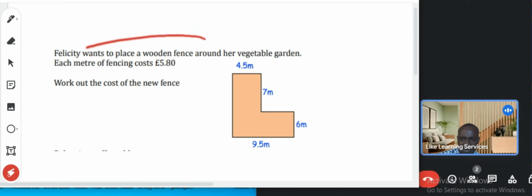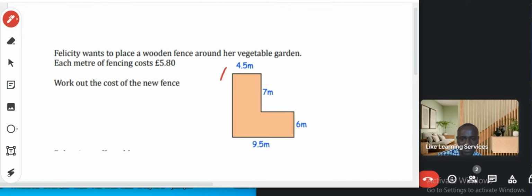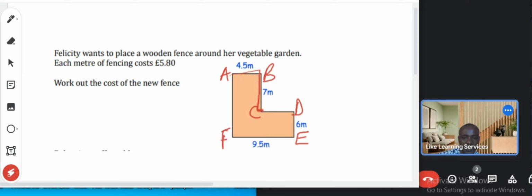Felicity, can you see this question? So Felicity wants to put a fence all around this garden. It looks like what we did: A, B, C, D, E, F, and back to A. There are some parts that we don't have their length, so we need to find their length.